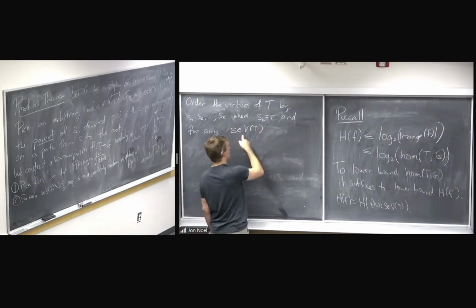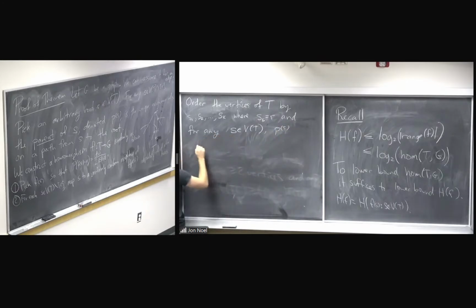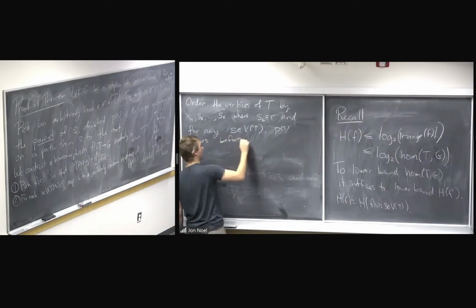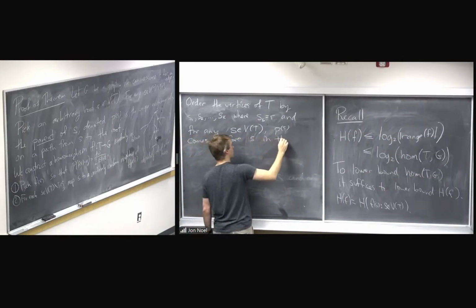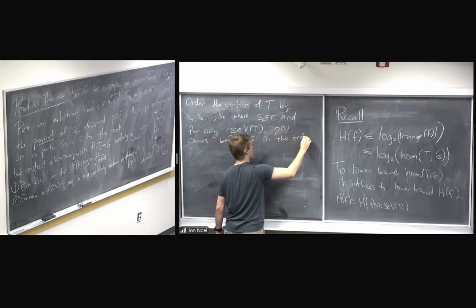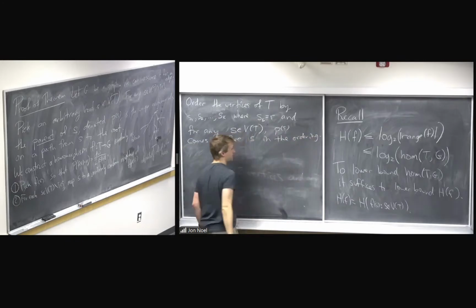So for any S in the vertex set, PS comes before S. Okay, if you think about any specific tree, it's quite easy to do that, right? Just label the root as the first one, then go through its children, and then go through their children, and then go through their children, and that'll give you a labeling.